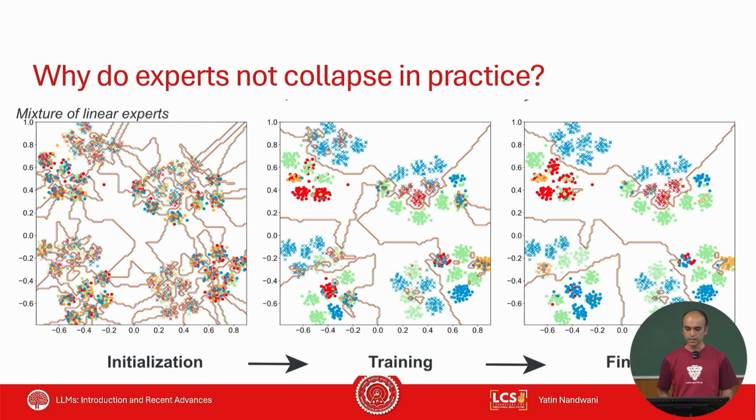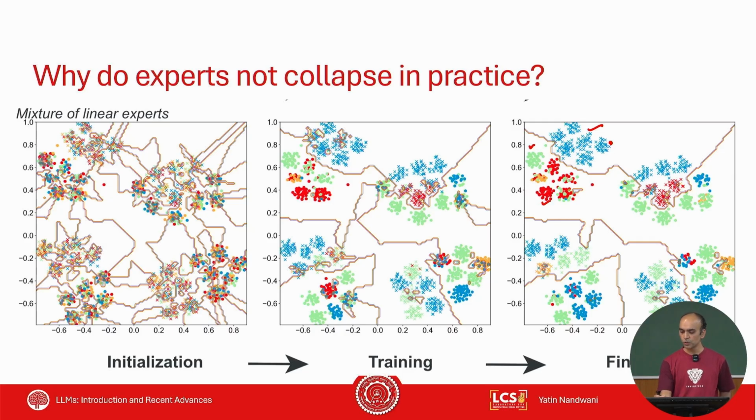Now let's try to understand this graph. Color represents, when I pass this data point for classification to the MOE model, to which expert it goes. So each color represents a different expert. Blue is one expert, green is another expert, red is another expert, right? What am I expecting?